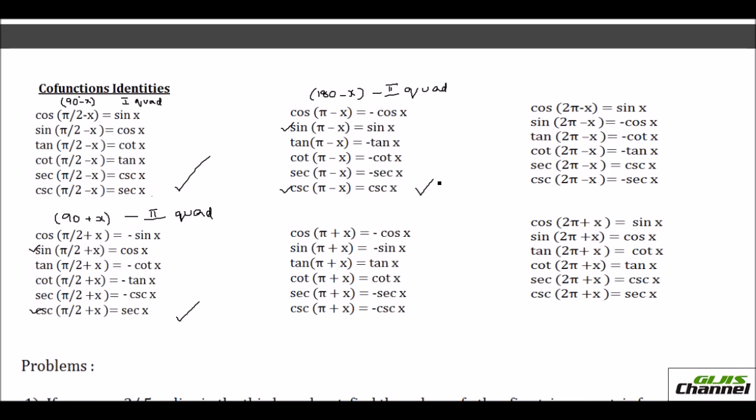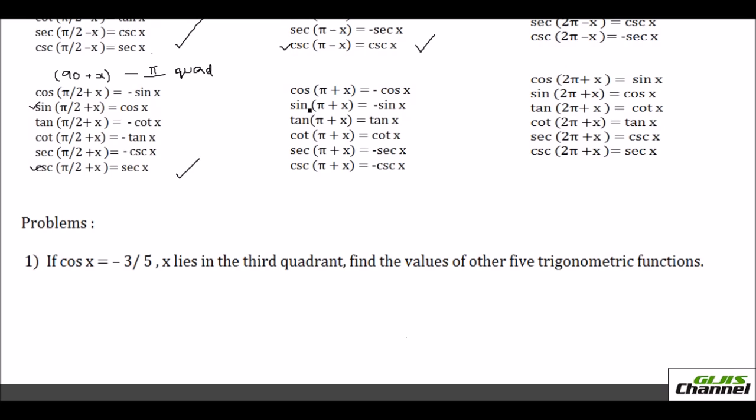So this is done. Now we are at pi plus x. Since it is pi, it is 180 plus x, right? So when it is 180, I told you, you don't change. So your cos will remain as cos, sine will remain as sine, tan is tan, cot is cot, secant is secant, cosecant is cosecant.